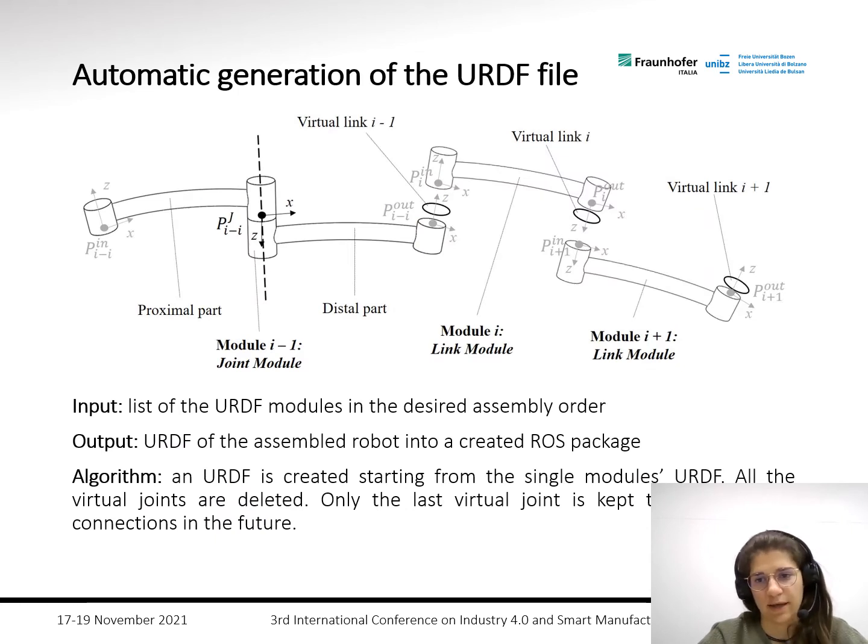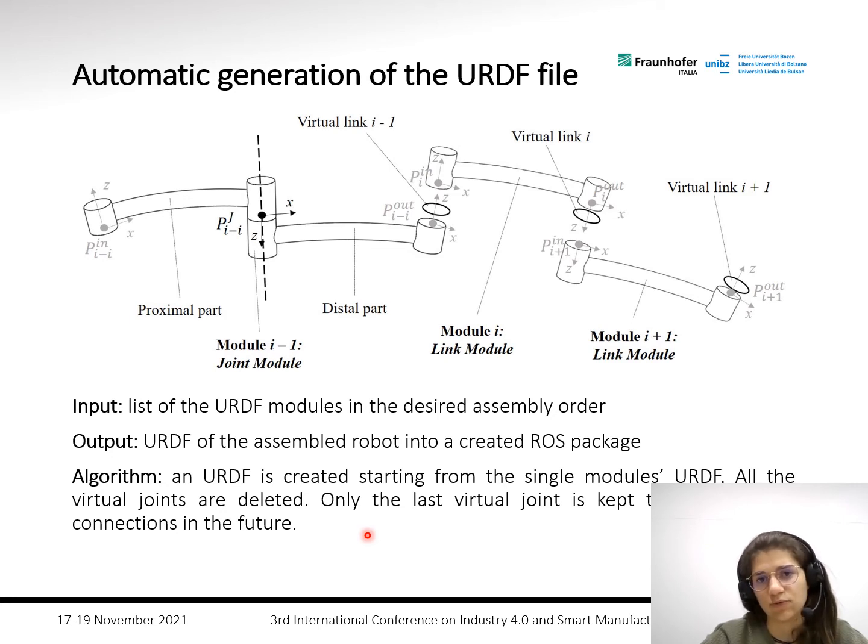Once we have designed and obtained the URDF of all the single modules by following these standards, these conventions that I explained to you, we simply implement an algorithm which is able to take as input the list of the URDF modules in the desired assembly order. Once we have indicated it, what the algorithm does is to create a final URDF of the final modular robot by starting from the URDF of the single modules.